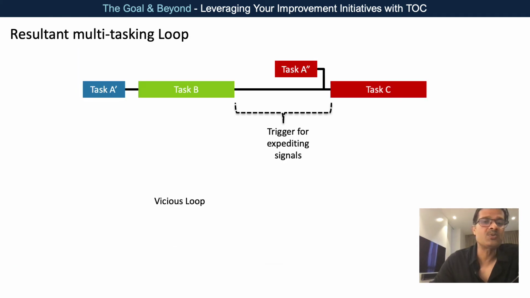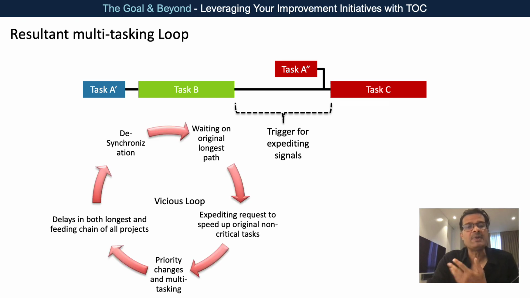This way of switching across the longest paths of many projects and opening many projects can create an environment where you get into a complete desync. You start getting into multitasking where everybody is shouting because their feeder chains are getting delayed. You picked up the longest path and left the feeder path of the first project. So you went to the longest path of the second one, the third one, the fourth one, and by the time the first one has become critical, you're not coming back to the project at the right time.